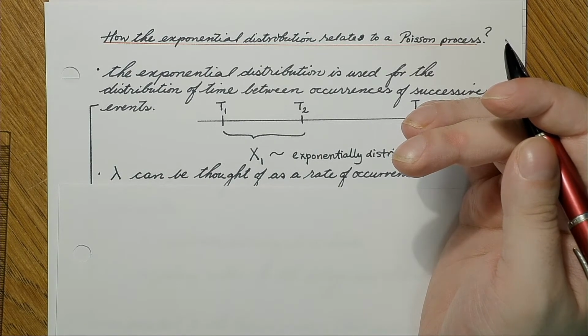Sir, are we always told that it's an exponential distribution, or is there some other way to tell?